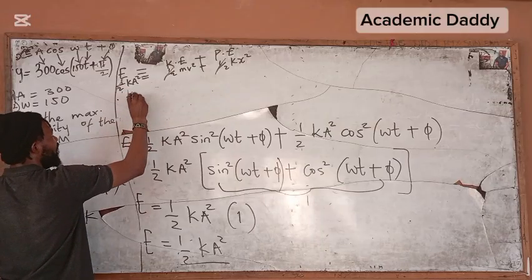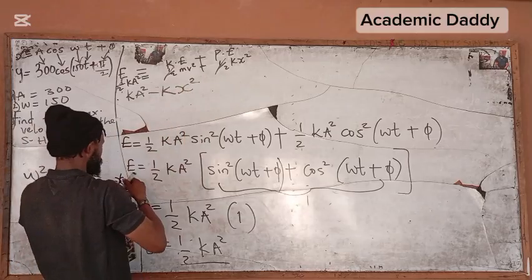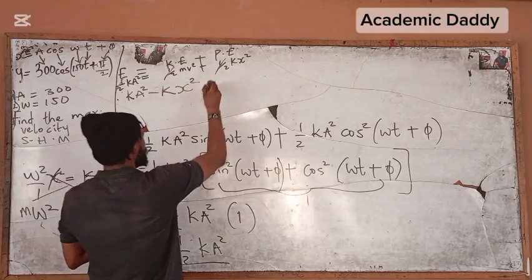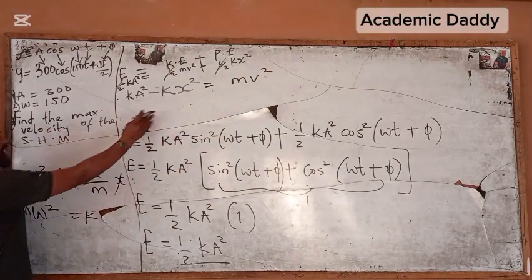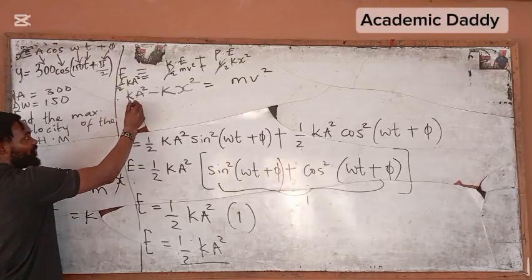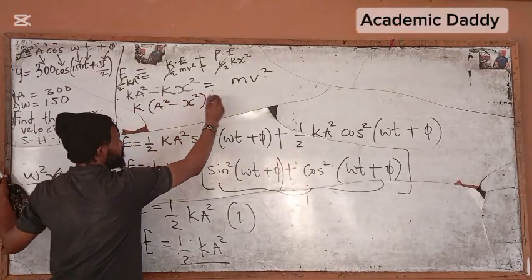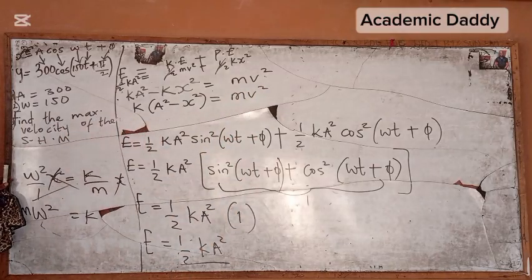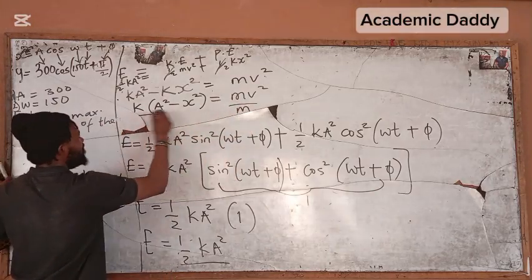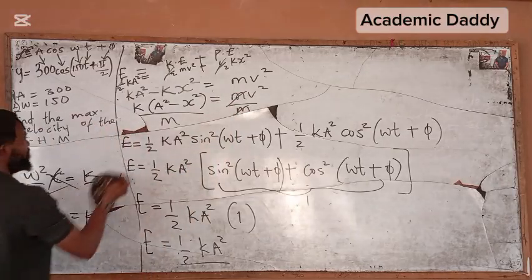So I now have Ka squared minus Kx squared is equal to mv squared. On this side, K is common, so I can factor K out, so that A squared minus X squared is equal to mv squared. Making V the subject of the formula, I divide both sides by m.